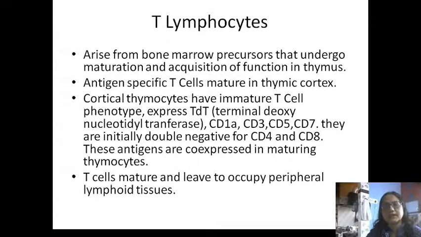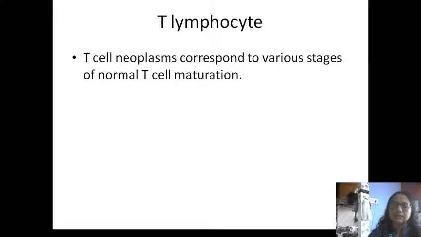That is, these markers are also present in the mature T cells, CD4 and CD8 cells. Now after maturation in the thymus, the T cells leave and occupy the peripheral lymphoid tissues. Now T cell neoplasms, again they correspond to the various stages of normal T cell differentiation.